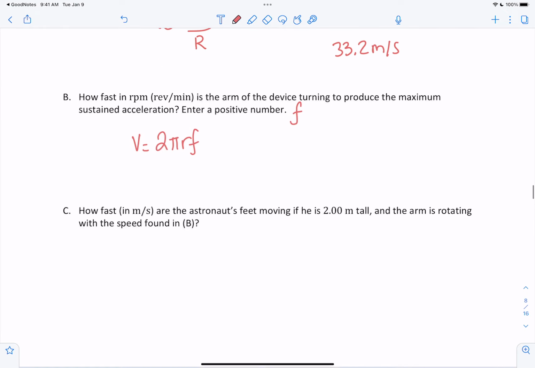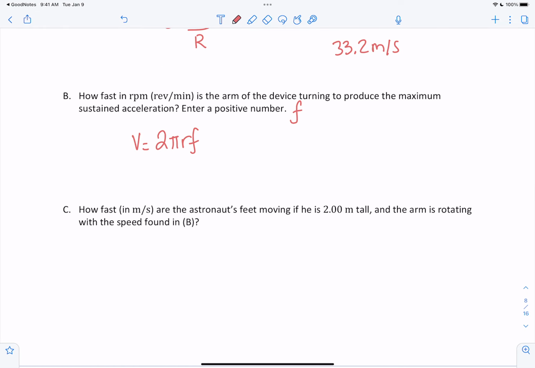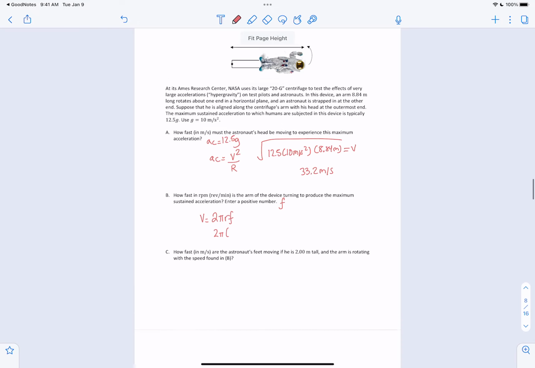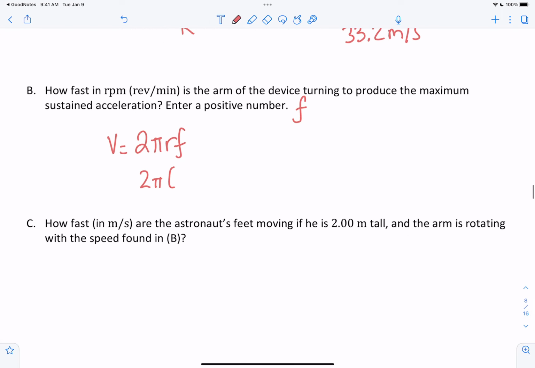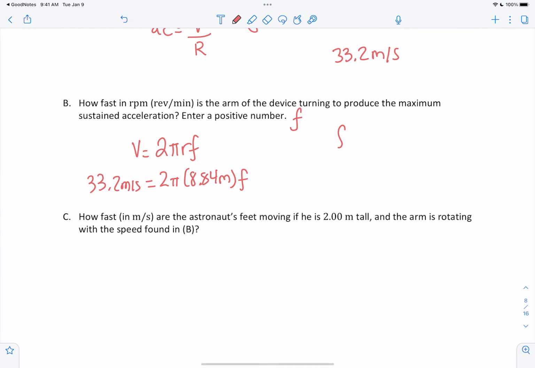So for our speed, 2 pi r, we have 2 pi times our radius, and this is still to his head, right? 8.84 meters times the frequency, and that's equal to the 33.2 meters per second. And so then that gives us frequency of what?